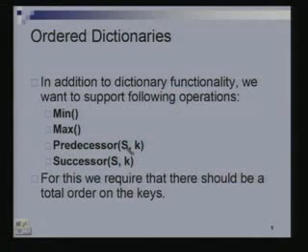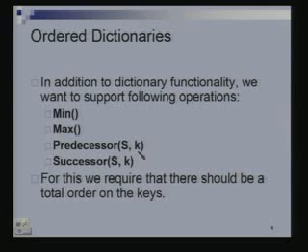What are the parameters you are passing to the predecessor and successor functions? I have just shown S, the ordered dictionary, as one of the parameters. It need not be. In particular, you could think of the predecessor as taking only one parameter, which is the particular key. So predecessor of K would mean give me the key which precedes K in the total order, in the dictionary S. There will be certain keys in dictionary S, so give me the one which precedes the key K and which lies in this dictionary.